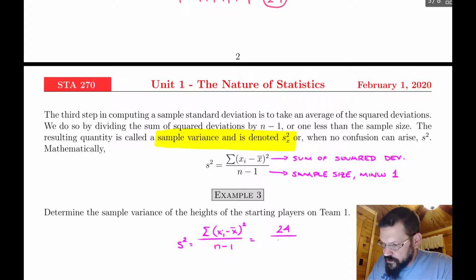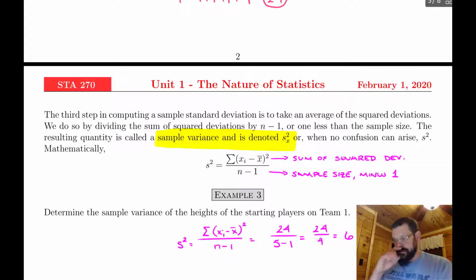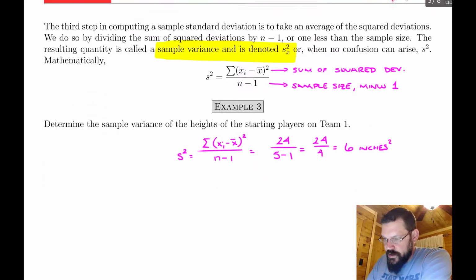Our denominator is the sample size, which is 5, minus 1. And we're going to end up with 24 over 4. In this case, because s is squared, our solution should also be in square units. We get 6 square inches as the sample variance for the heights of the players on team 1.